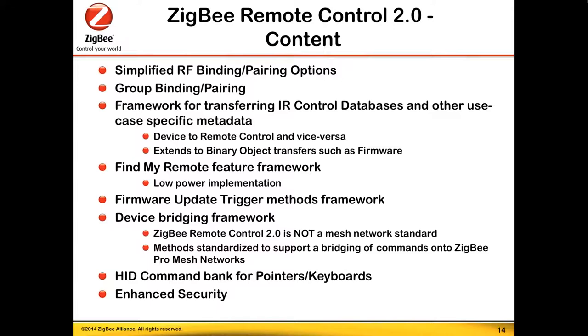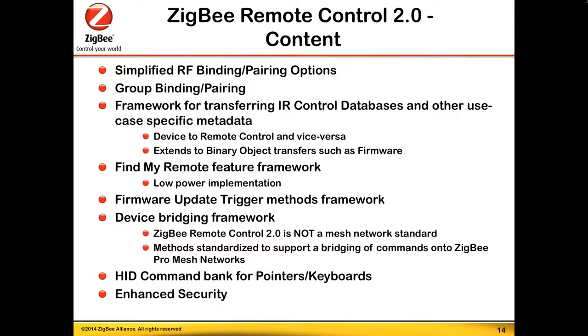And I wanted to emphasize that there was a specific focus in ZRC 2.0 on the low power implementation of the Find My Remote feature, because there have been a lot of custom and proprietary implementations out there in the market that literally relied on constant communication and really worked against the low power goals of ZigBee and of the standardization. The firmware update triggering methods are included, a device bridging framework.